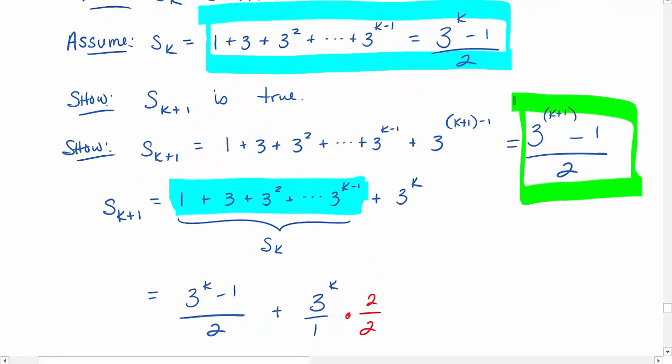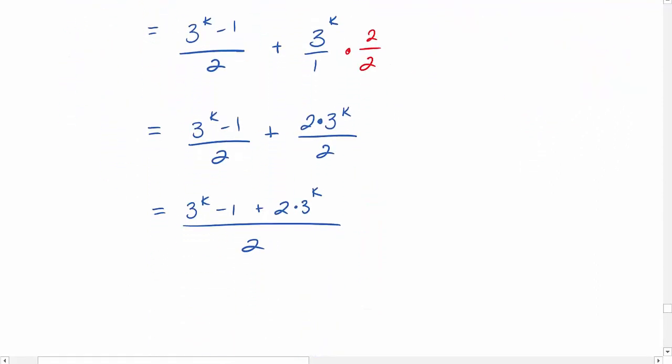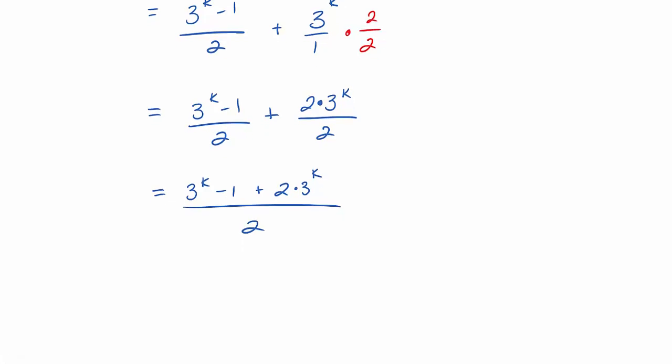So we want to simplify our numerator until we get there. Well, notice that we have this 3 to the k, and then we have 2 times 3 to the k. These are actually like terms. If I have one 3 to the k and I want to add two 3 to the k's, we end up with three 3 to the k's.